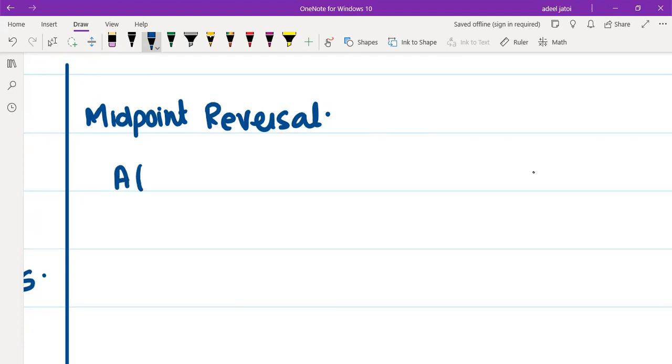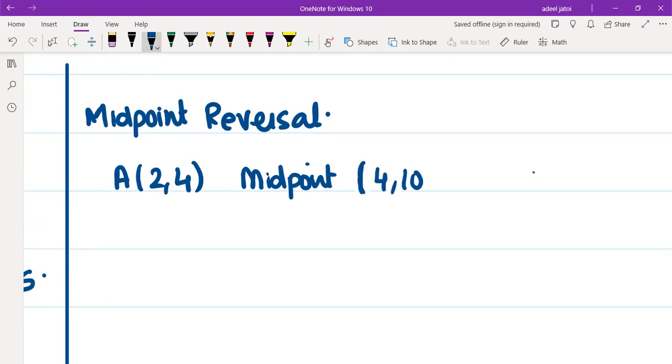Let's say the question gave you 2, 4, and the question says that midpoint is 4, 10. The examiner will ask, find the other coordinate.